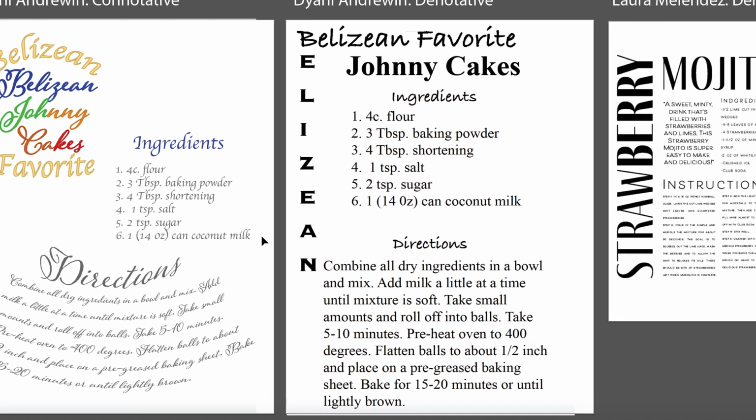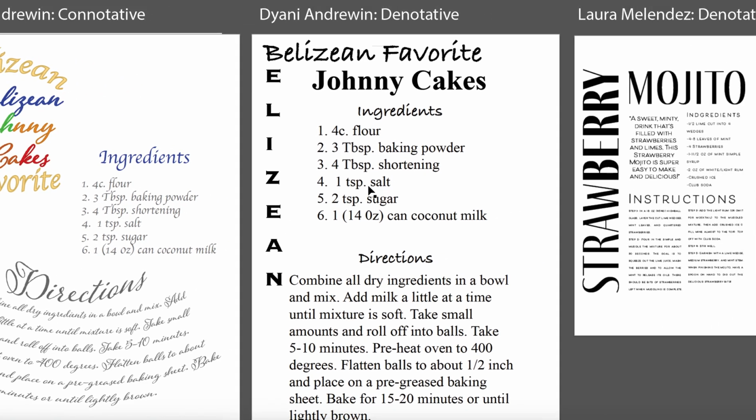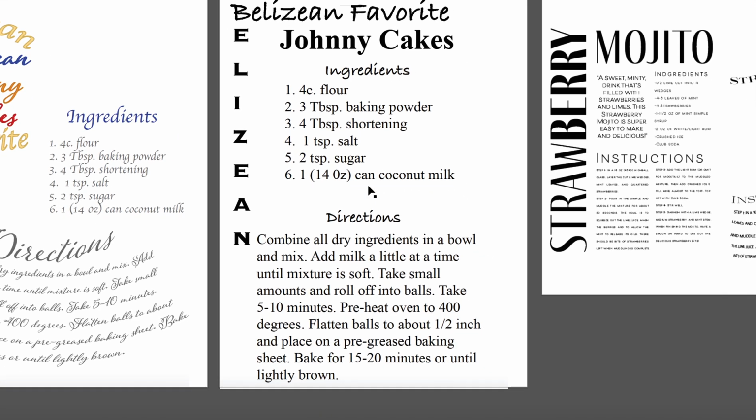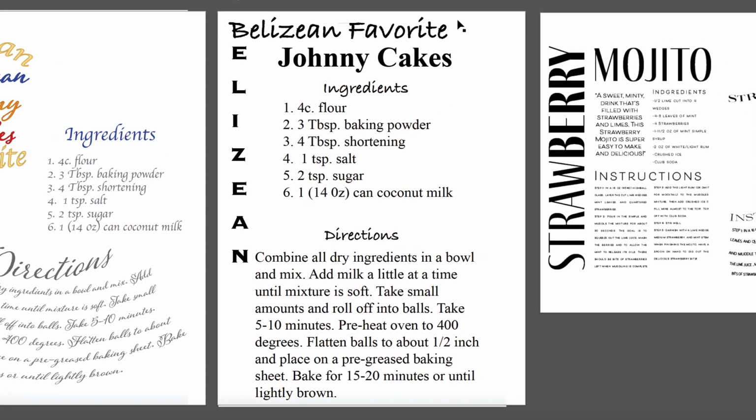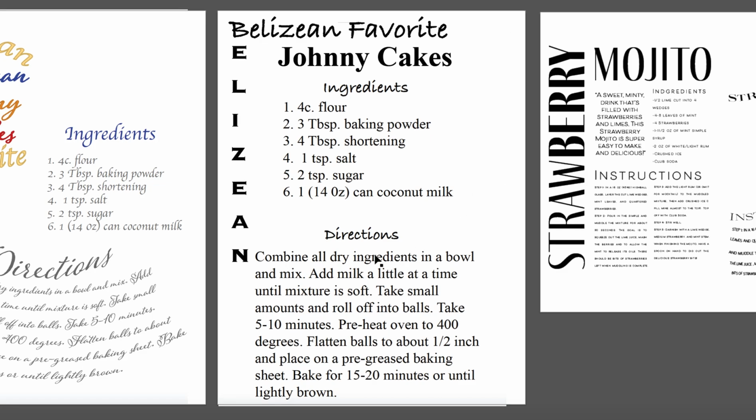And then for this one right here, your denotative, what I would recommend is just creating a little bit more white space around. There's too little space for your type right here, so it's getting too close to the edge. And I think you can get away with making things smaller. So with directions, maybe combine a numbering system.